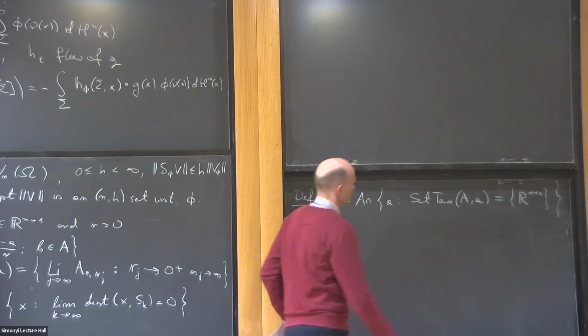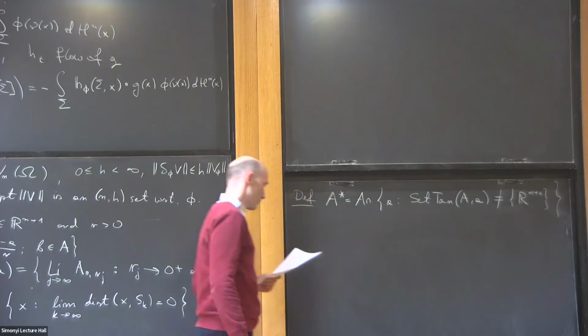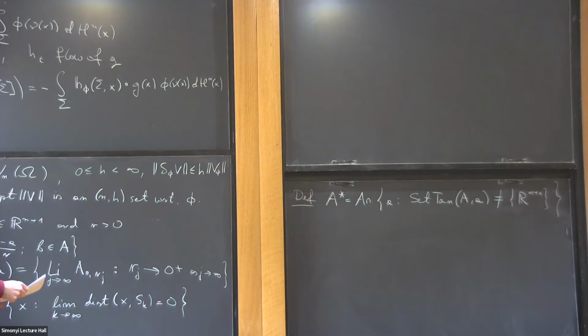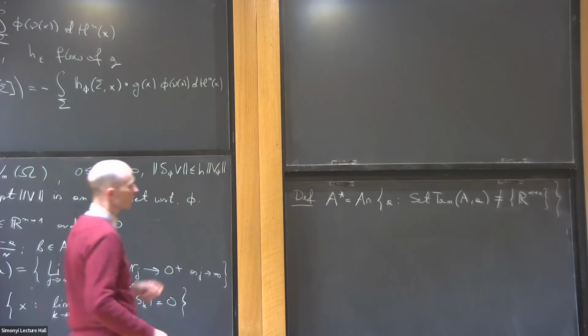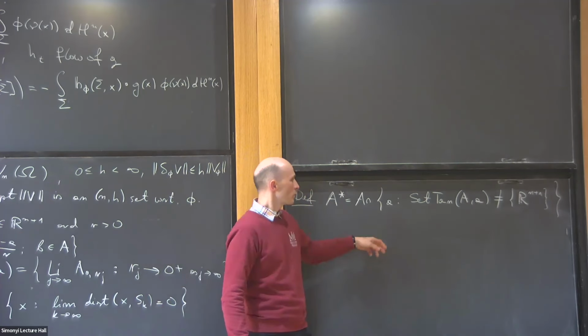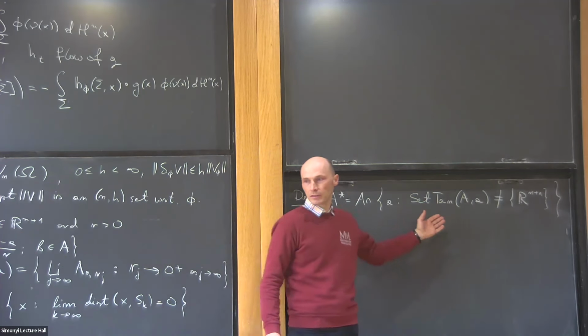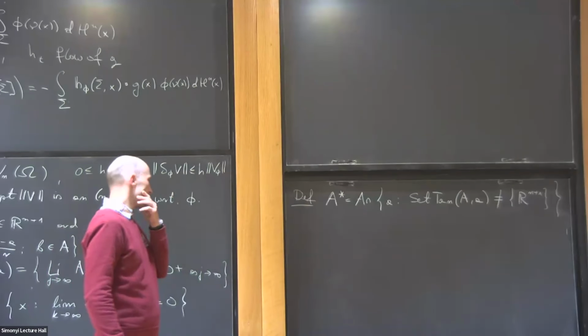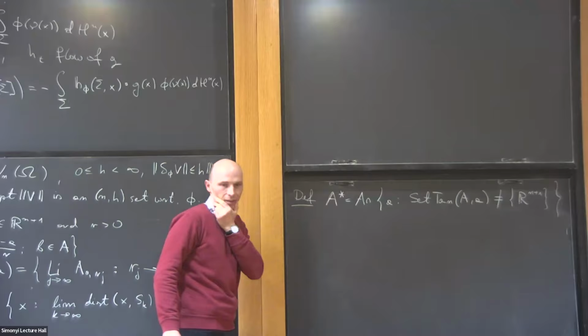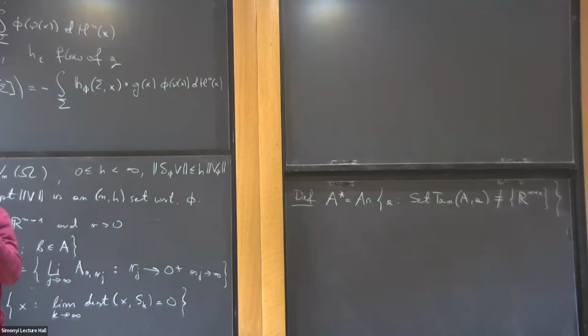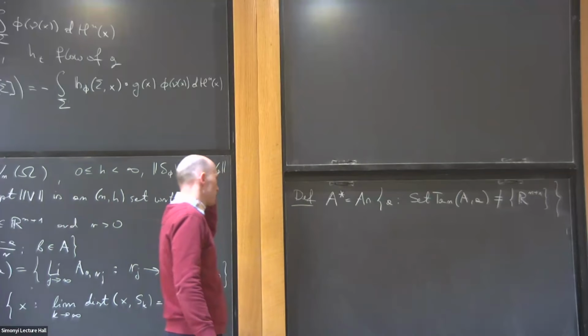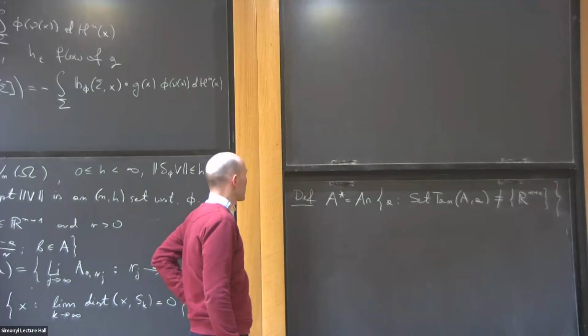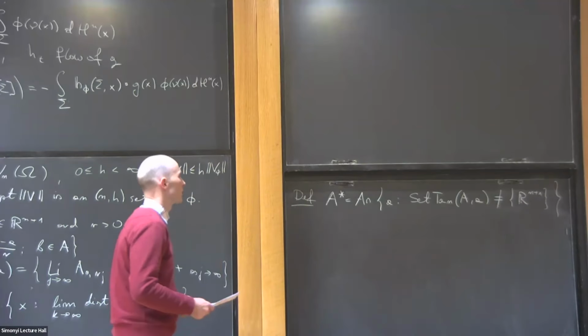So we have a set A, and we want to consider only those points where you have at least one blow-up limit which gives you something which is not the whole space. It looks like a very weak condition, but this is what we could work with.